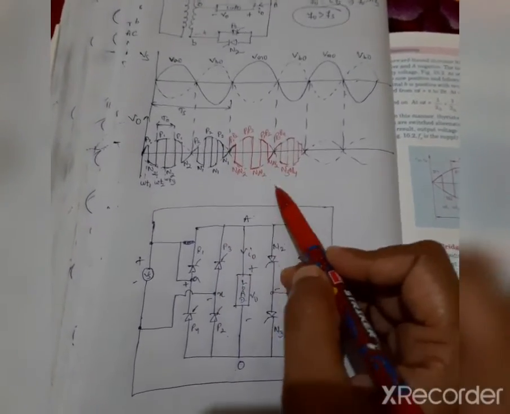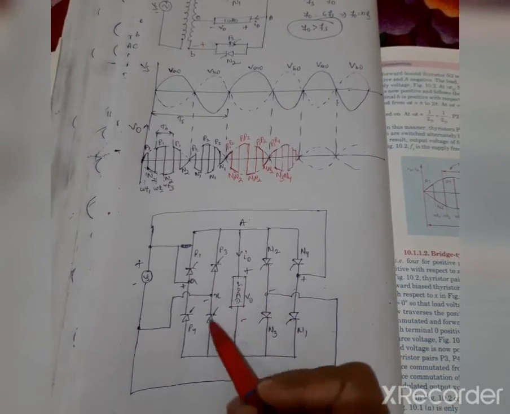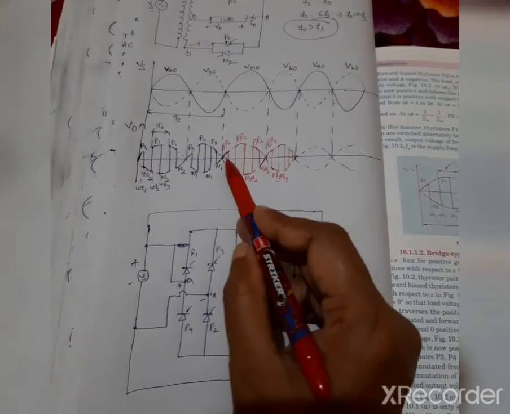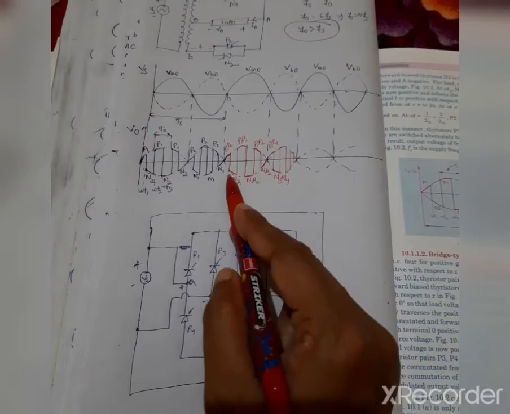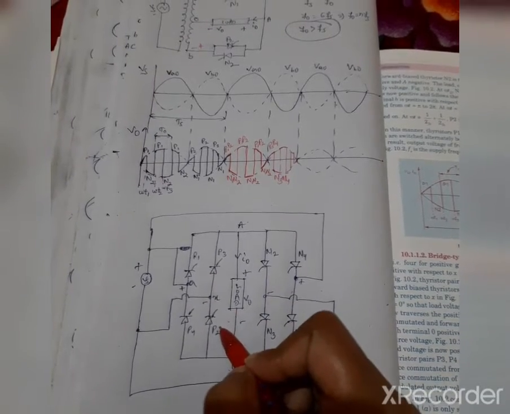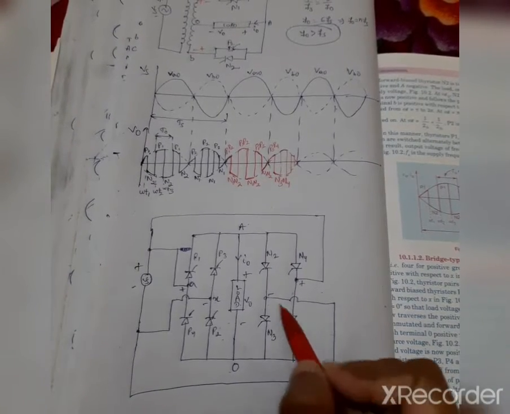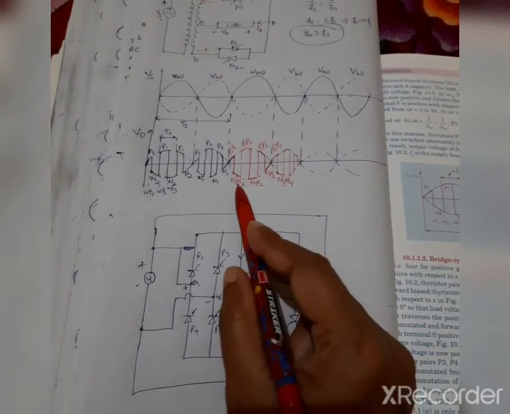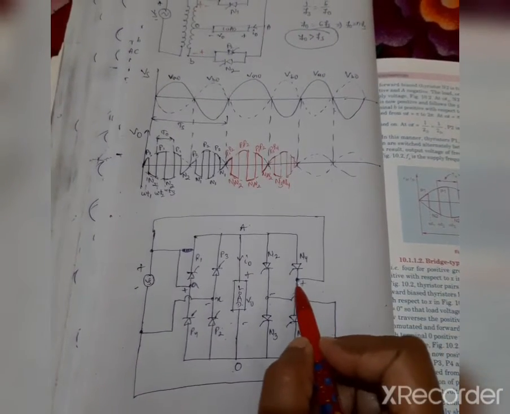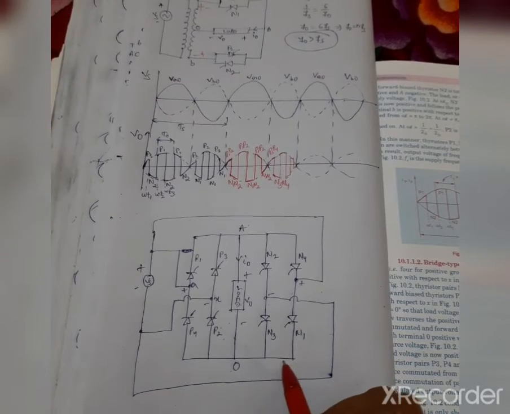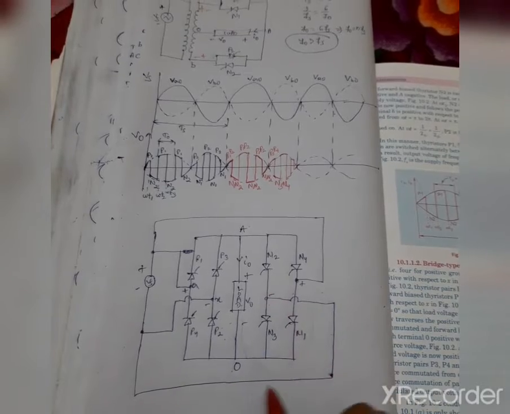Now what happens: at first P1 and P2 are simultaneously triggered. P1 P2 conduct, then P1 P2 turn off by force commutation. Once P1 P2 are turned off, at this half cycle N1 and N2 are forward biased, so we give N1 N2 gate pulses. The circuit comes from this, through N1, then like this, then N2, then back to the source.